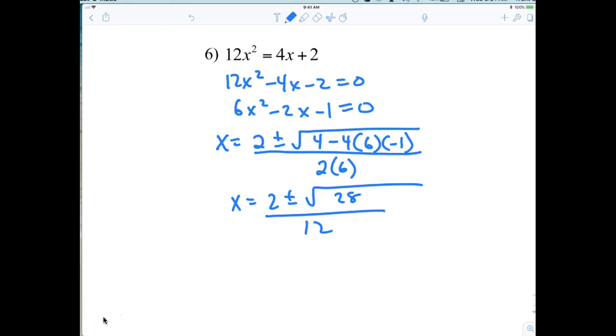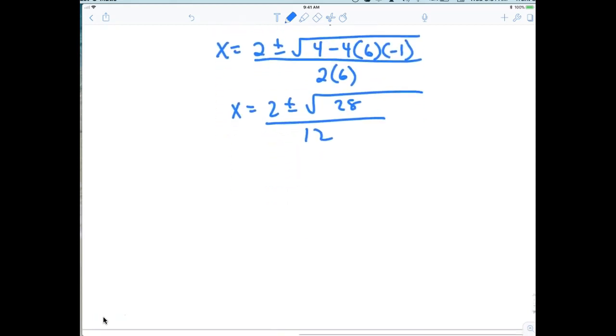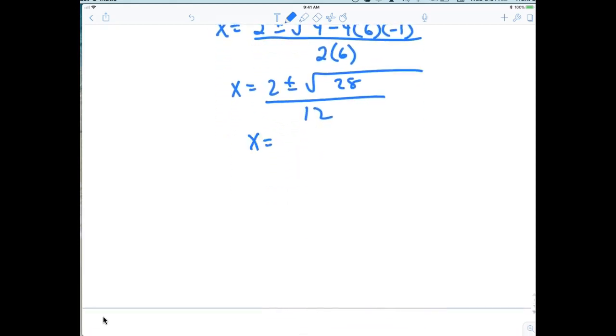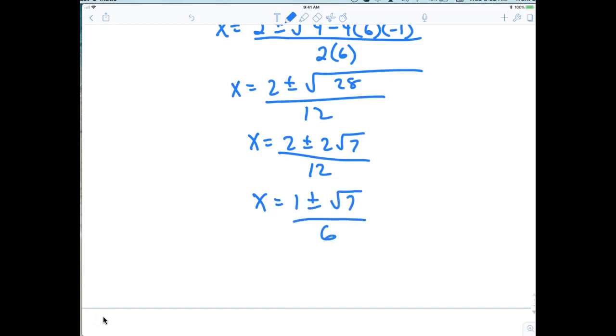Look at that. And then, right, then we can break that down to x equals 2 plus or minus 2 root 7. And then we divide by 2, right? 1 plus or minus the square root of 7 all over 6.